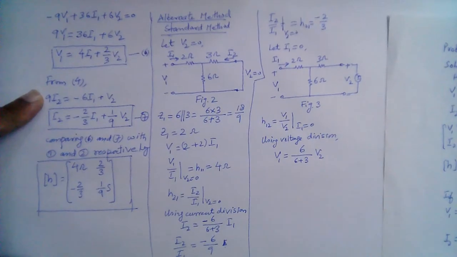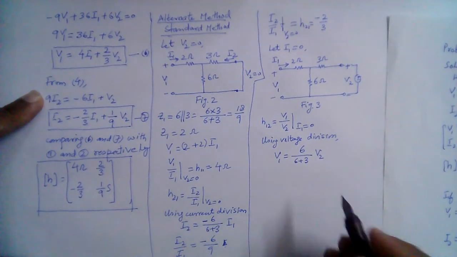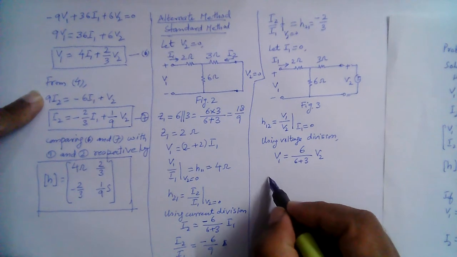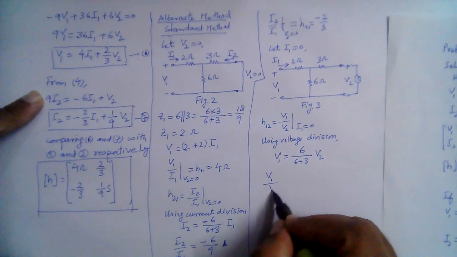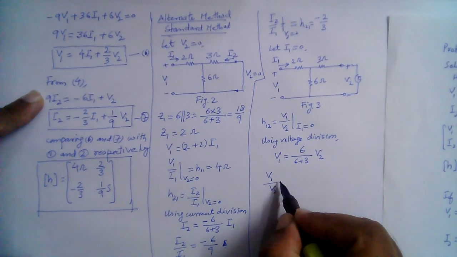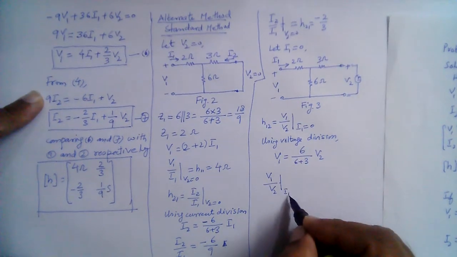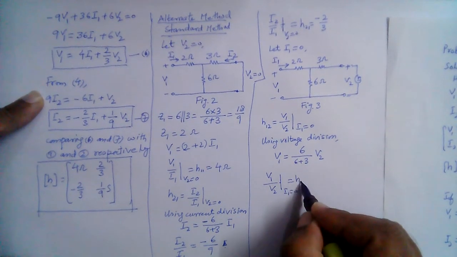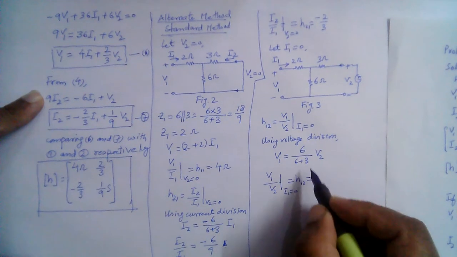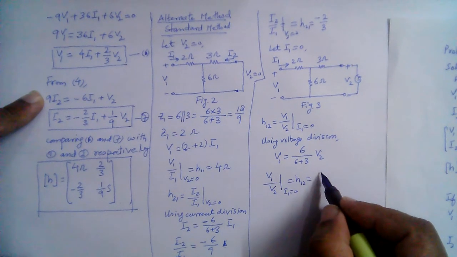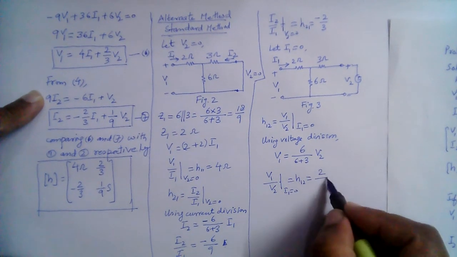So V1 divided by V2 while I1 is equal to 0, this is H12, and this is equal to 6 over 9, that is 3 into 2 is 6 and 3 into 3 is 9.